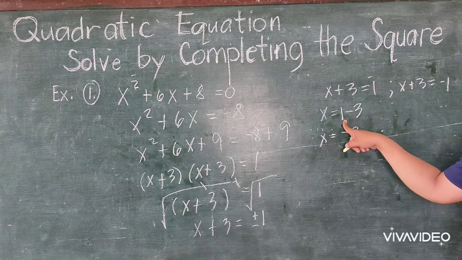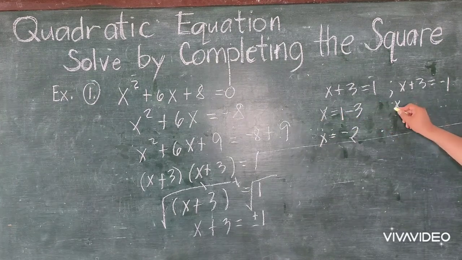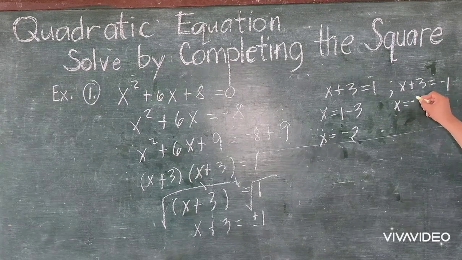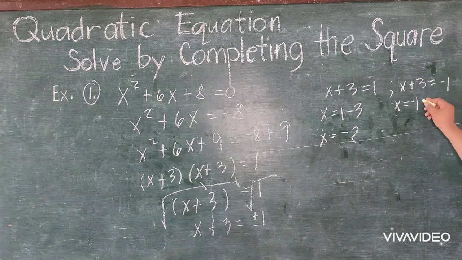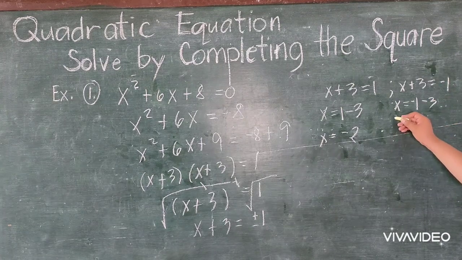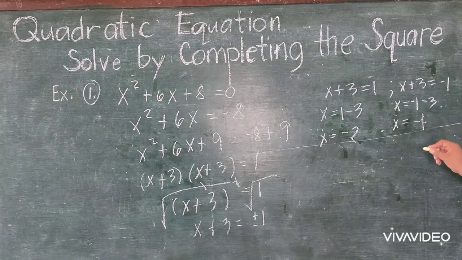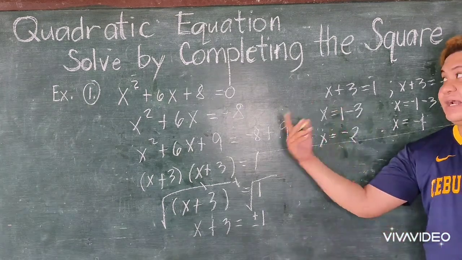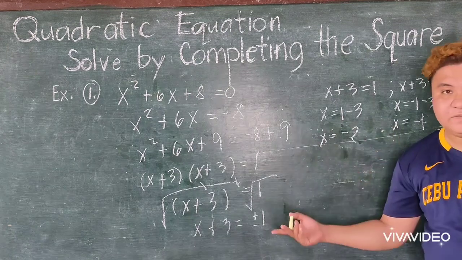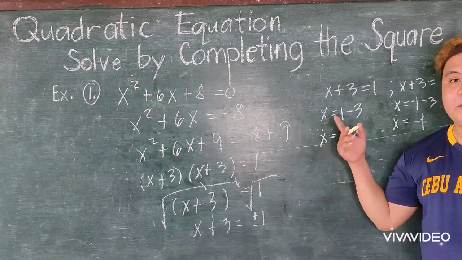On the other side, we have x equals negative 1, transposing positive 3 to the other side gives negative 3. So x is equal to negative 1 minus 3, which is negative 4. So that's it. That is how you solve a quadratic equation using completing the square.